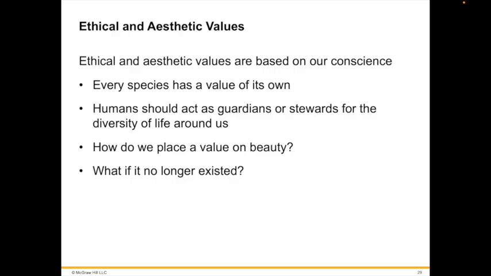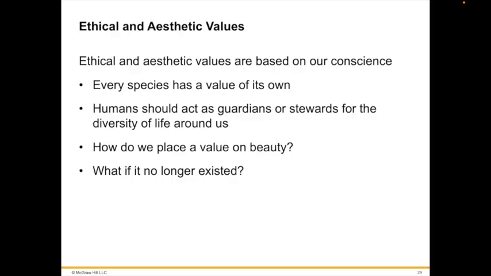These people feel that along with the power to exploit or destroy other species comes responsibility, as the only organisms capable of eliminating large numbers of species and entire ecosystems, and as the only organisms capable of reflecting on what we are doing, humans should act as guardians or stewards for the diversity of life around us.